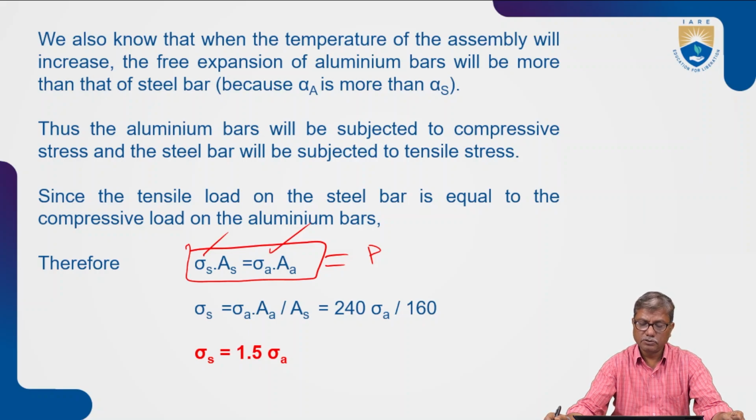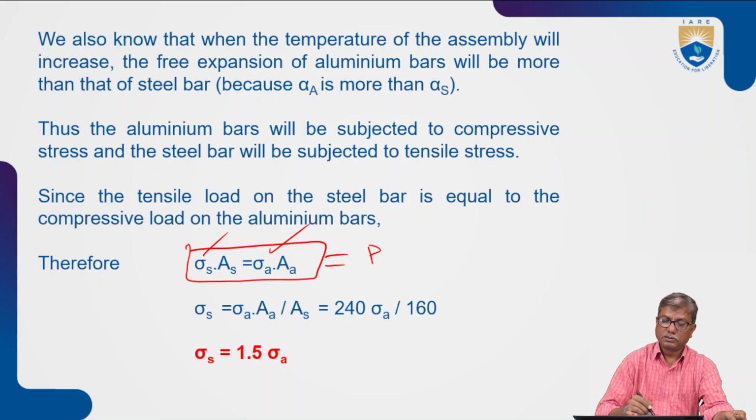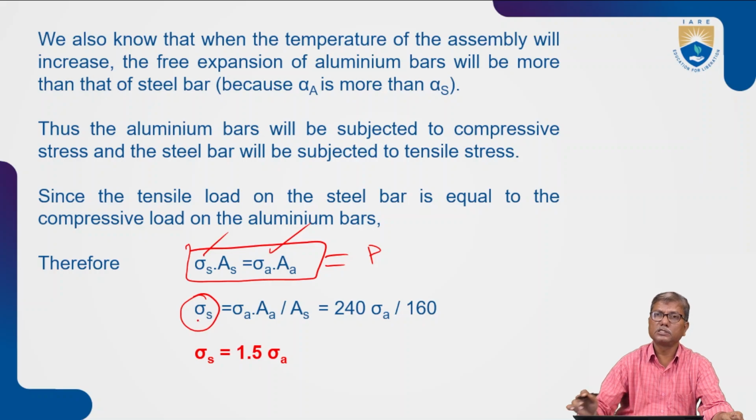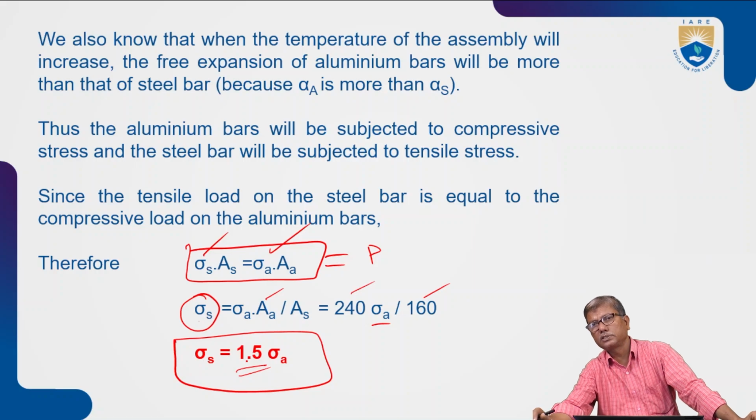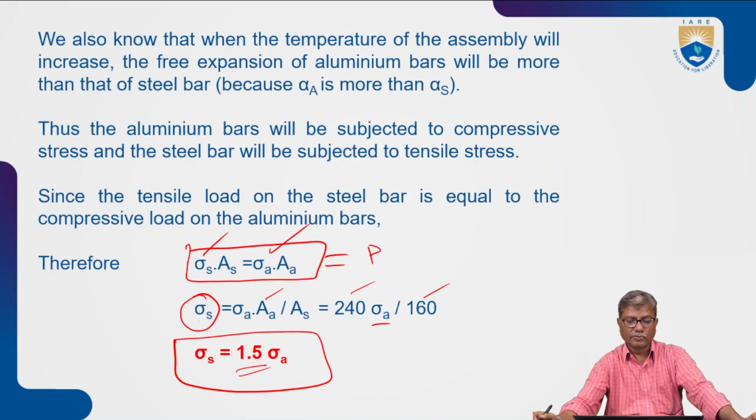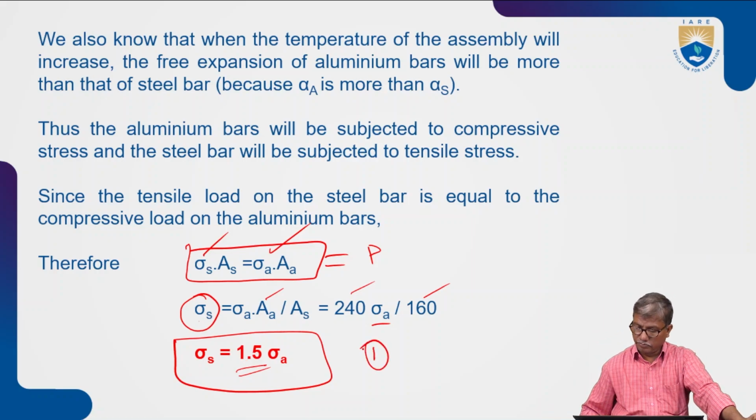Okay, that is equal to P. From this you will get relation between stress in steel and stress in aluminum bar. So area of aluminum is 240 and that of steel is 160. So 240 by 160, that is 1.5. Stress in steel is 1.5 times stress in aluminum. Okay. So this is one relation we have between these two stresses.